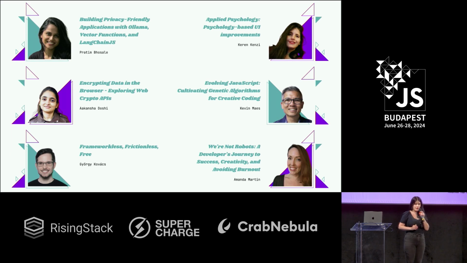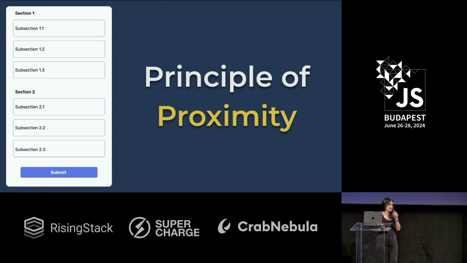So how can we apply it to our own product? This is a website, and I'm sure you're all developing websites or products. We can apply it, for example, in a settings page.